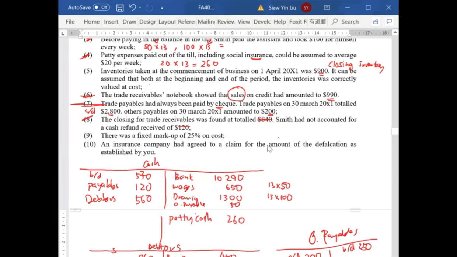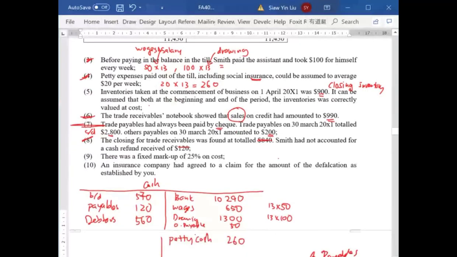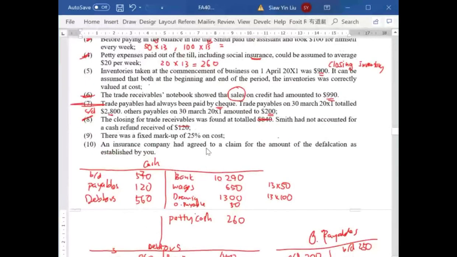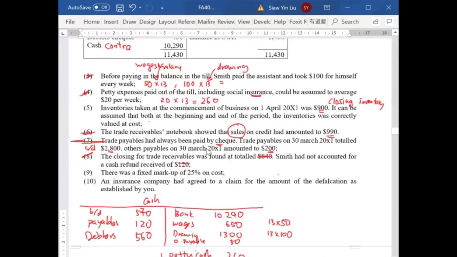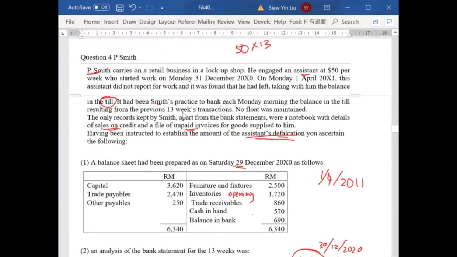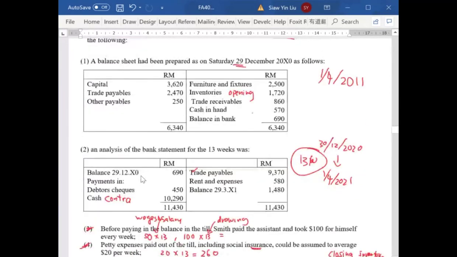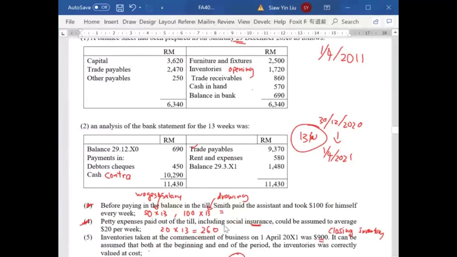So now what we need to do, from the information that we have, is we can still figure out the sales. So if you want to look for the sales, first we know our information here, but you don't know how much the sales are. But you know you have credit sales. From the questions, we know we have credit sales. Are you okay, guys?